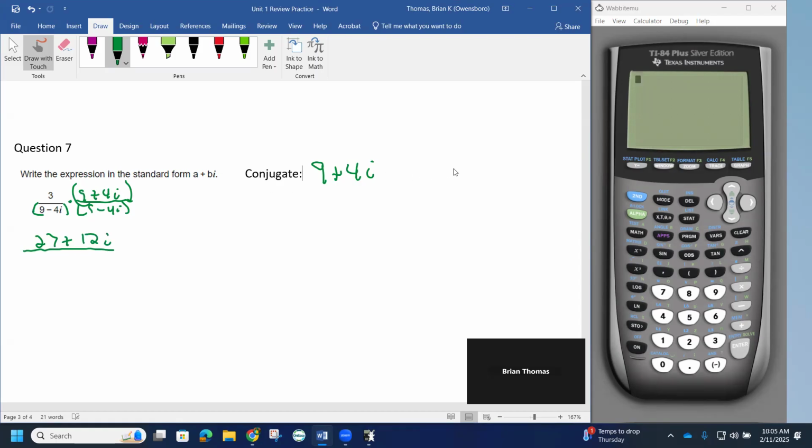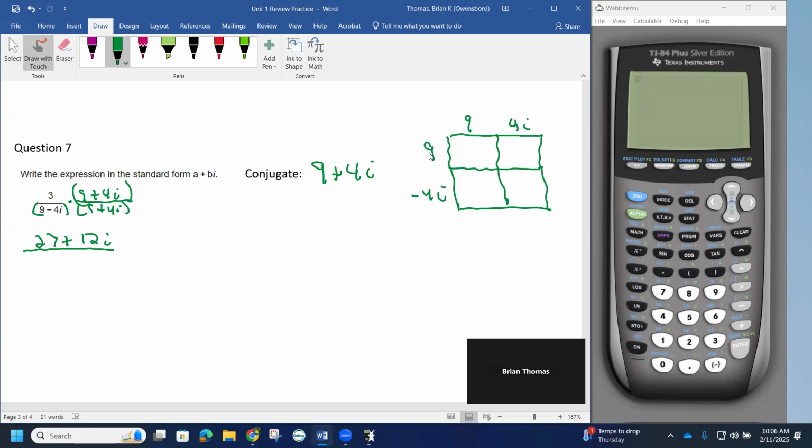In the denominator, keep in mind, again, a lot of times I'll do this with a box. I like to multiply my complex numbers using a box. So I have this 9 and a negative 4i and a 9 and a positive 4i.